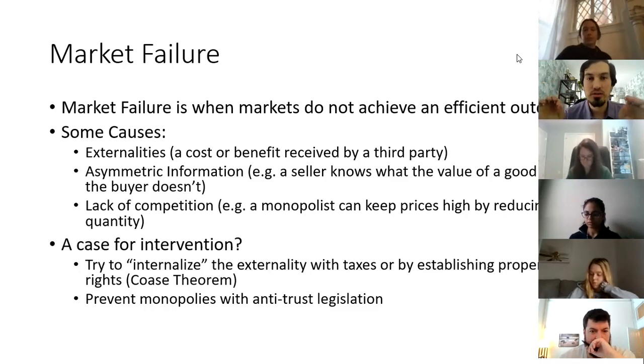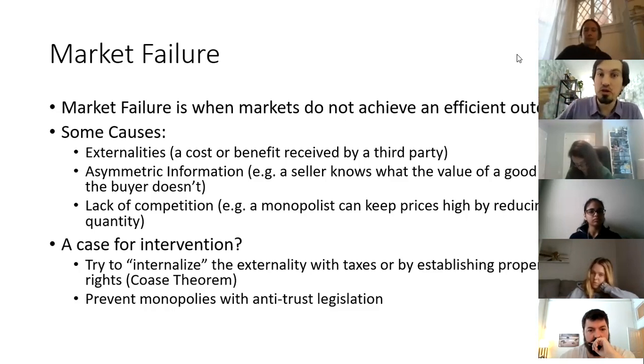What the Coase theorem, C-O-A-S-E, says is, if you negotiate together with the other person, starting from a point where property rights are well established, everybody knows exactly, like, let's say the rule is before 9 p.m., he has the right to make as much noise as he wants. After 9 p.m., you have the right to insist that he doesn't make the noise. It actually doesn't matter if you choose 9 p.m. or 10 p.m. or 8 p.m. or anything.